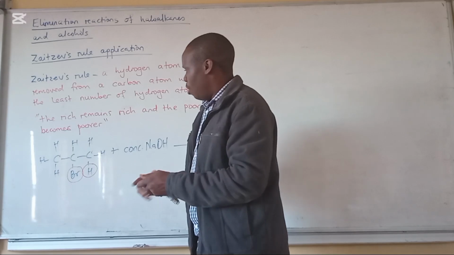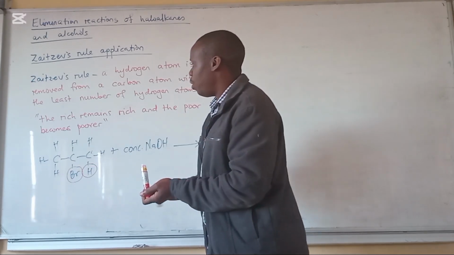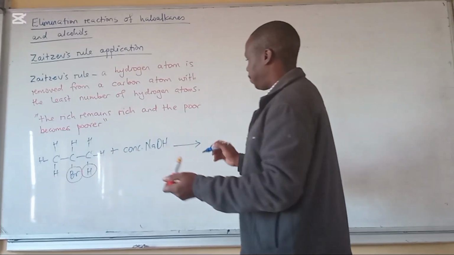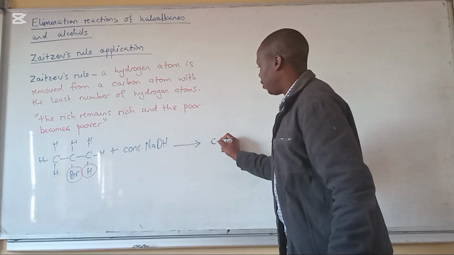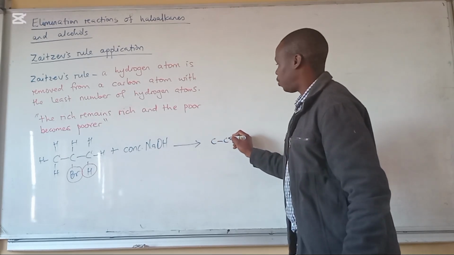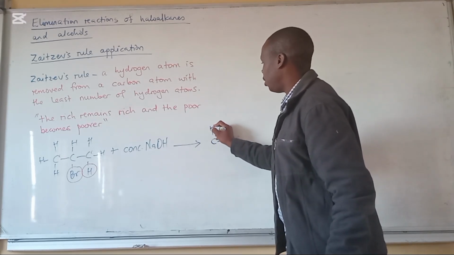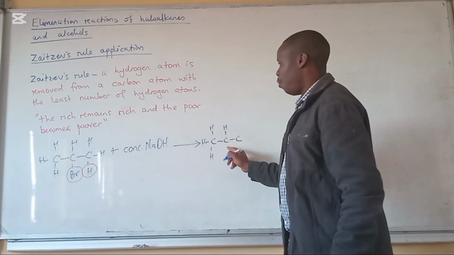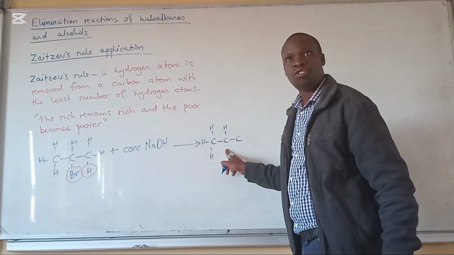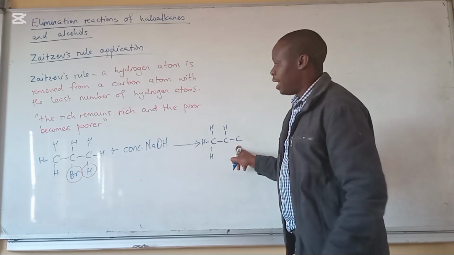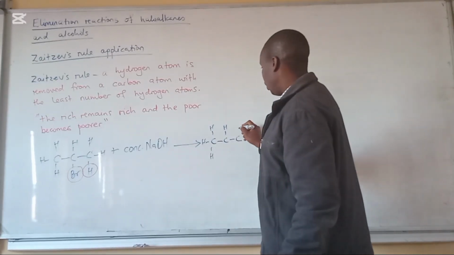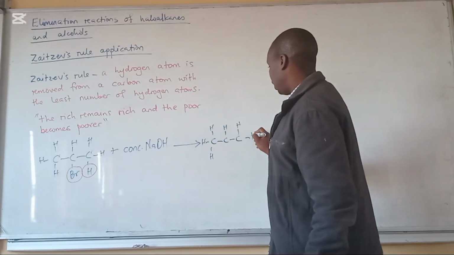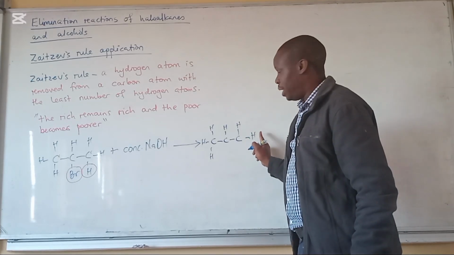When we eliminate this, we will remain with our 3 carbon atoms, with hydrogens there. Now we no longer have the bromine atom or the hydrogen atom, but our 2 hydrogen atoms there will remain.